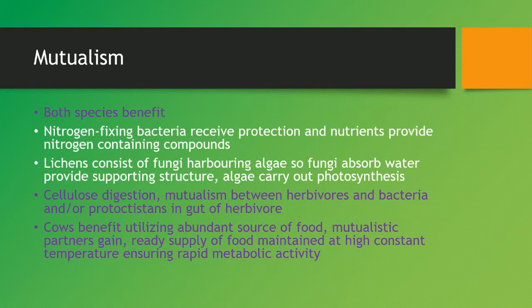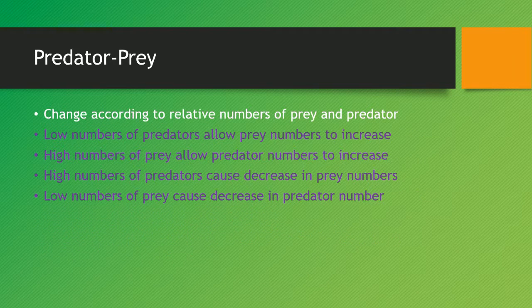Cellulose digestion is a form of it, as mutualism occurs between herbivores and bacteria and protoctistans in the gut of a herbivore, such as a cow. The cow benefits from utilising the abundant source of food, and the mutualistic partner gains a ready supply of food maintained at a high constant temperature, ensuring rapid metabolic activity.